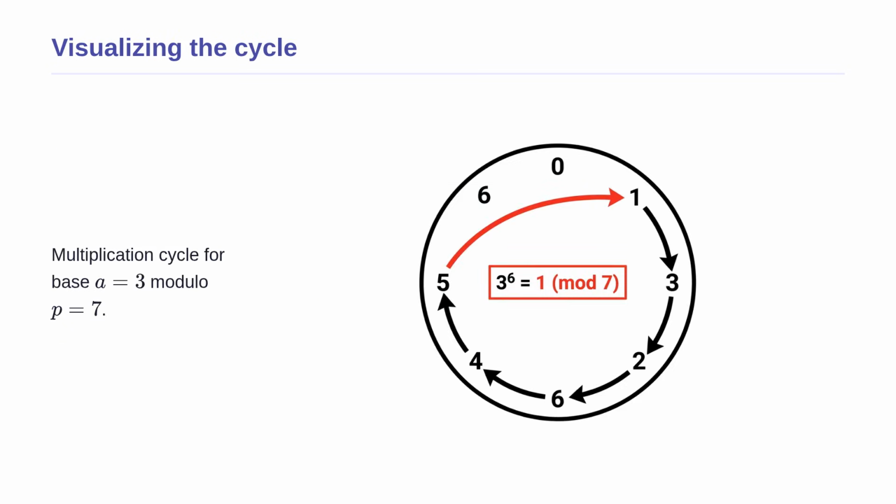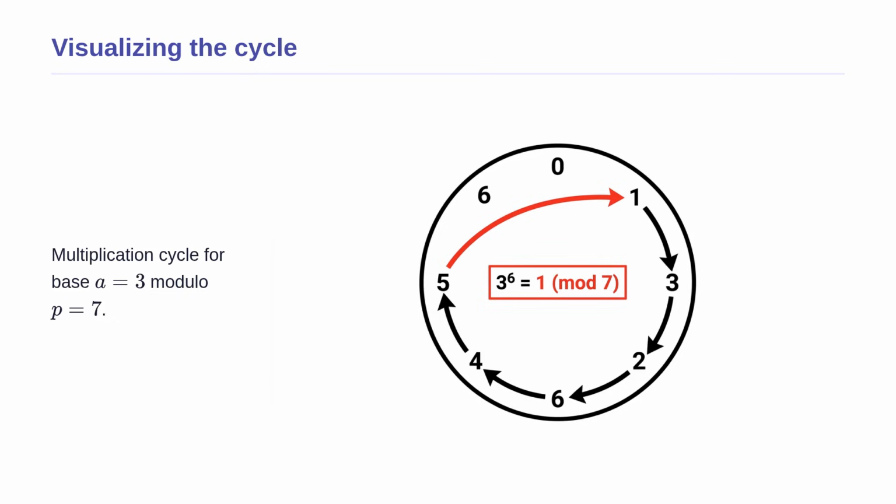Before we move on, let us see this with a concrete visual example. Here we have a modulo 7 clock, meaning our prime number p is 7. We are looking at what happens when we repeatedly multiply by our base number, 3. Starting at 1, multiplying by 3 takes us to 3.